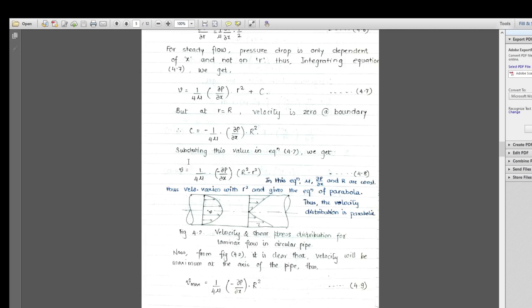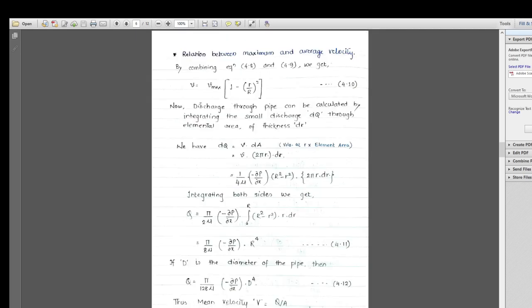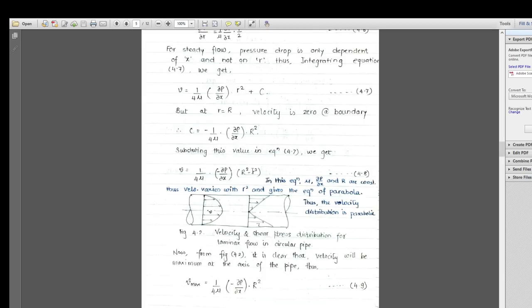We can substitute the value of 1 by 4 mu into minus delta p by delta x into R square as V max. So we will get V is equal to V max into (1 minus small r by capital R) whole square. Clear how we will get this equation? We get it by combining 4.8 and 4.9.